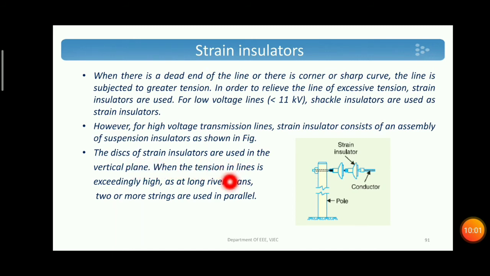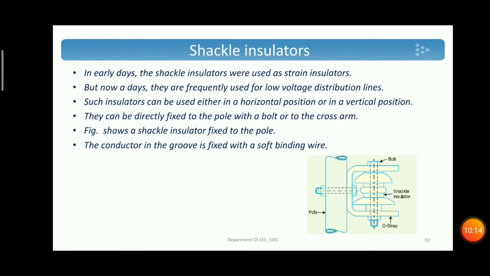Discs of strain insulators are used in the vertical plane. When the tension in the line is exceedingly high, as at long river spans, two or more strings can be connected in parallel. So, next is the shackle insulator.